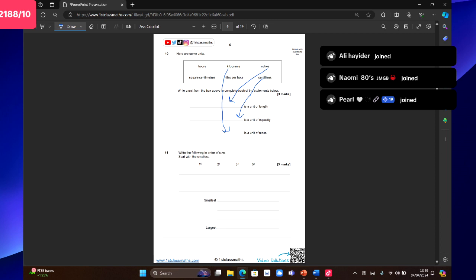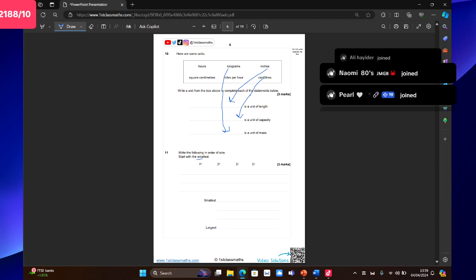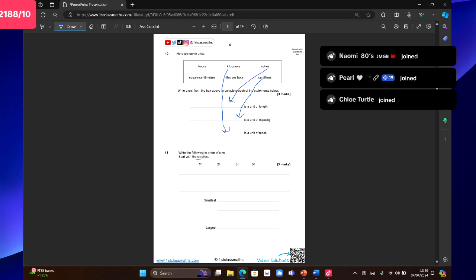Okay, question number 11. Write the following in order of size. Start with the smallest. So the smallest one is actually 1 to the power of 6. See, 1 to the power of any number is always going to be 1. Next one, 2 to the power of 5 means 2 times 2 times 2 times 2 times 2, so that's equal to 32.